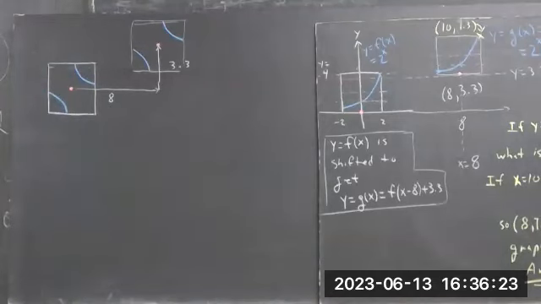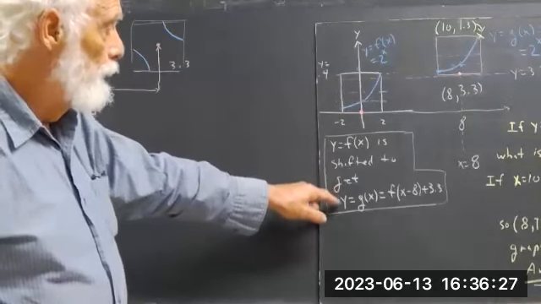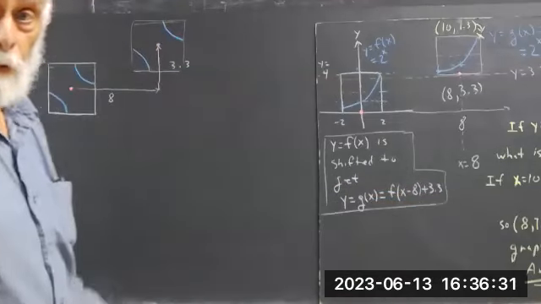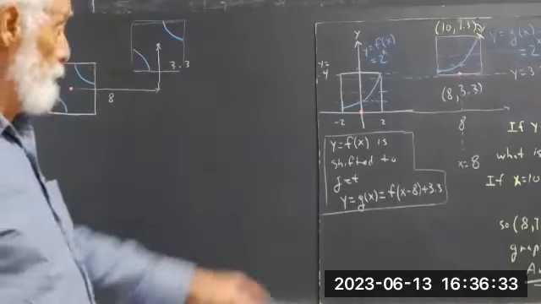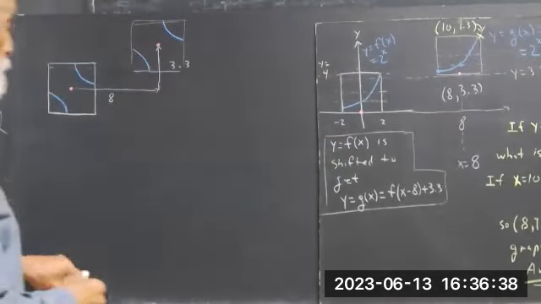Okay. Now we can say the same thing we said before. y equals f of x is shifted, and we get g of x is f of x minus 8 plus 3.3. It's the same statement. This is the same no matter what the function is. I said that before, but it's worth repeating.